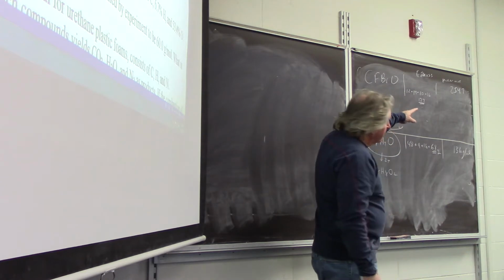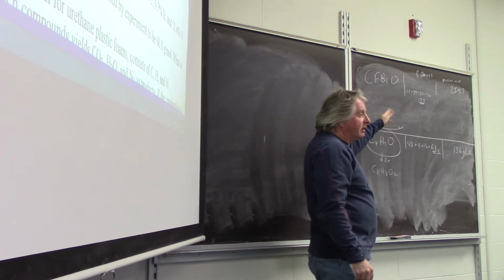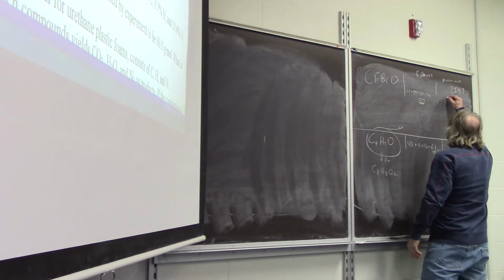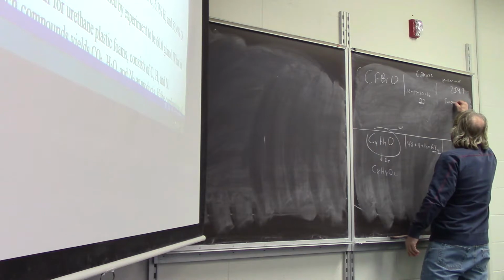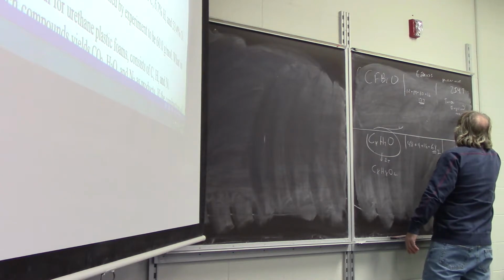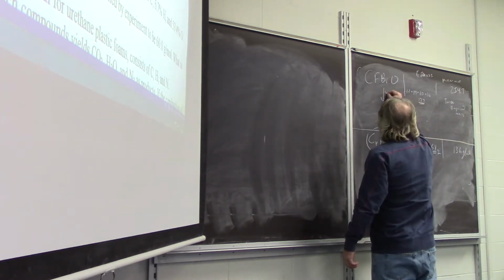So we can see that that number is twice. So the molar mass is twice the empirical formula. So I have to multiply this by 2.